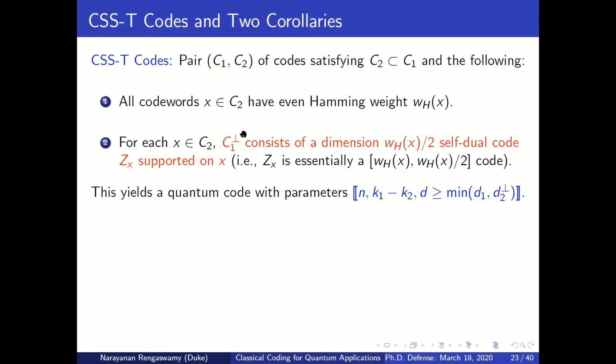And so what this says is that C1 dual has to have a self-dual code that is supported on the positions 1, 3, 4, and 6. So that's what this condition says.